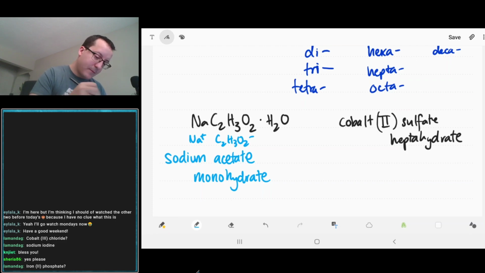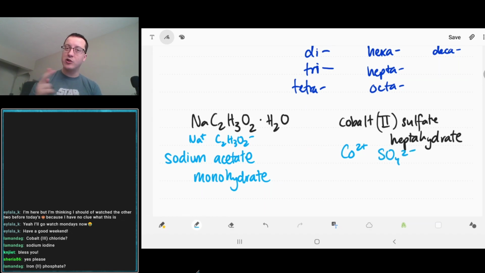Another one, this cobalt 2. We have sulfate. They have the same charge but opposite, so we can just stick them together. We have a hydrate, so we're going to put this little dot there. It says heptahydrate, which is going to be 7.